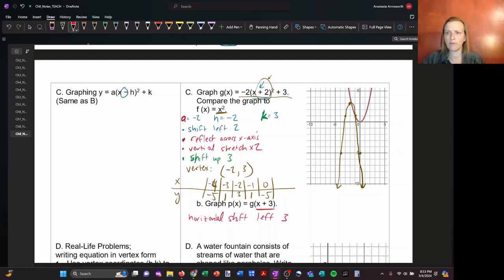So for our new graph, I can just take each point that I plotted before and shift left 1, 2, 3. Take this point, shift left 3, shift left 3, shift left 3, shift left 3. And then I can draw the new graph here.